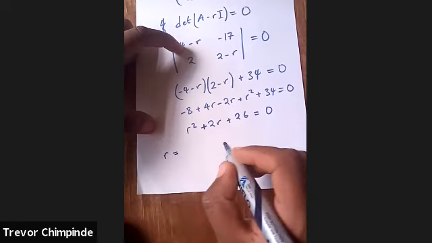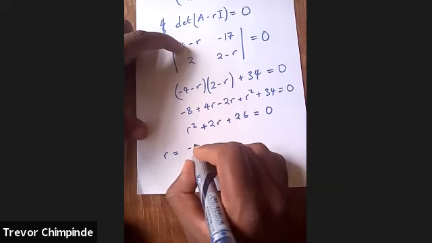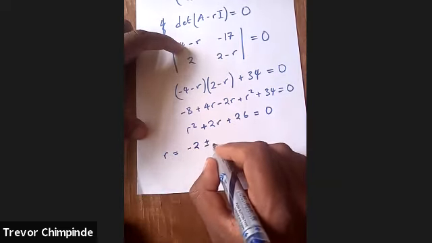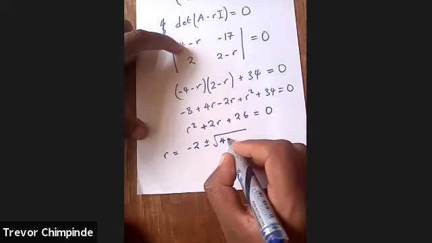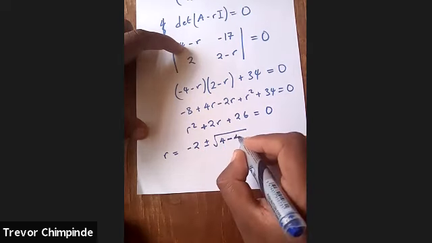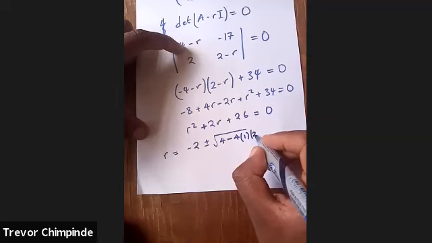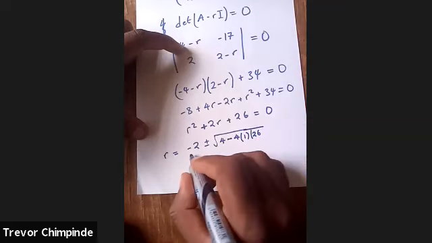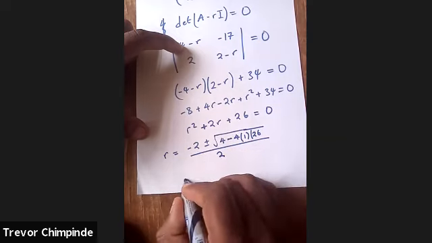formula. So this is r is equal to minus b. So b is 2, so this will be minus 2, then plus or minus the square root of b squared. So it will be 4 minus 4. What is my a? 1, and my c is 26, over 2a. So over 2. So what does this give you?